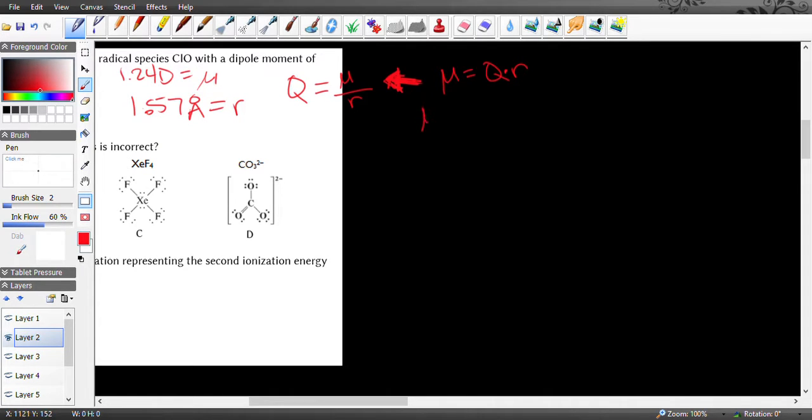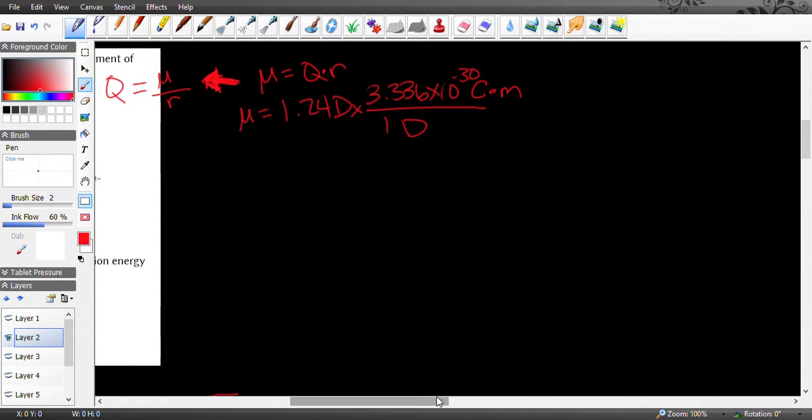So we'll do that. The dipole moment equals 1.24 Debye times 3.336 times 10 to the negative 30 Coulomb meters per Debye, and that is going to equal 4.137 times 10 to the negative 30 Coulomb meters, because the Debye cancels.